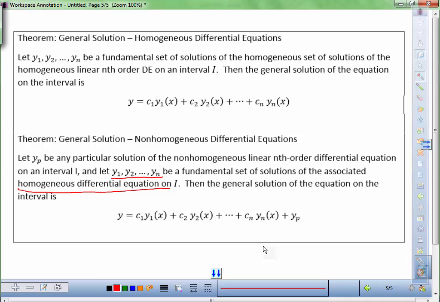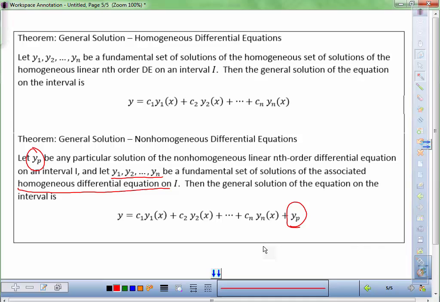But you have to add on a particular solution to the non-homogeneous differential equation, a function that would satisfy that differential equation when it's not equal to 0, when it's equal to whatever it's equal to.